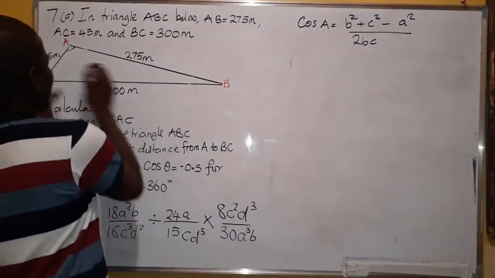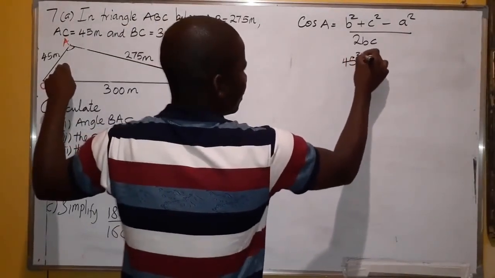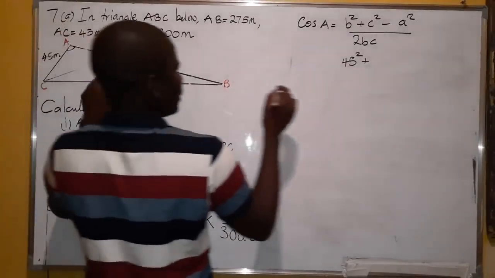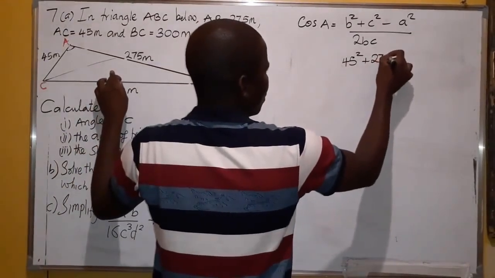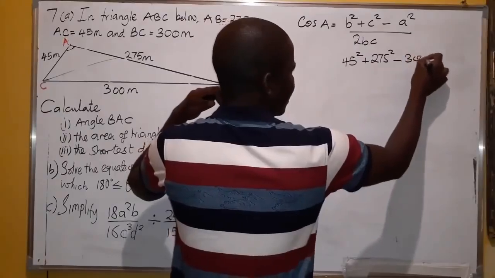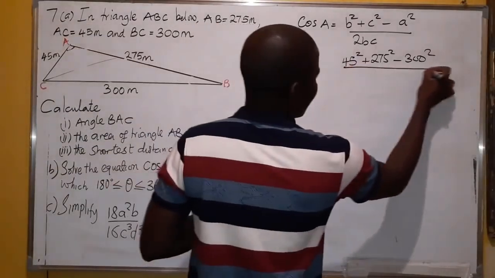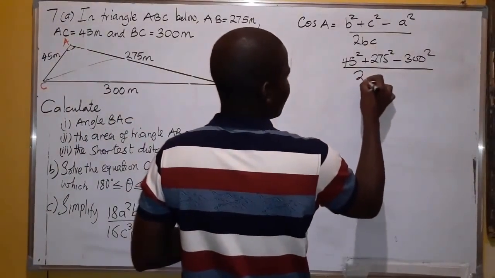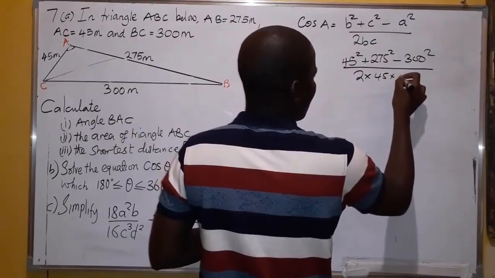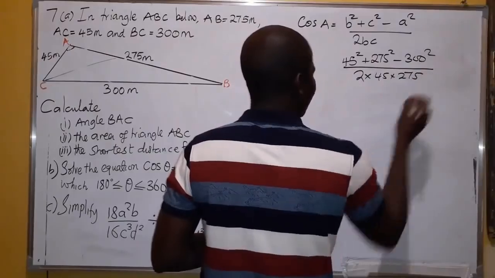So now, B is this side that is opposite to B, which is 45 squared, plus C is this side that is opposite to C here, which is 275 squared, minus 300 squared, which is this one here, over 2 multiplied by 45 multiplied by 275.